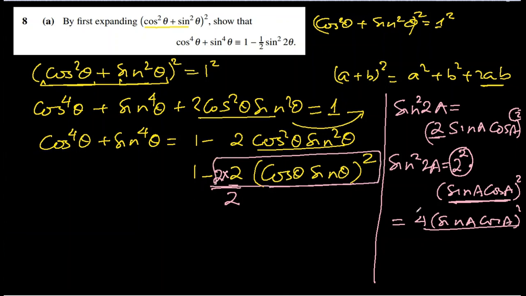So I can write this as sine square 2a, which correspondingly here will be equal to 1 minus sine square 2 theta. And this 2 is extra, so we'll divide it by 2, which is already a denominator.